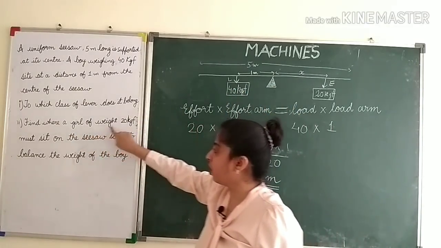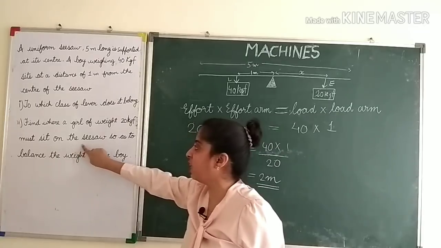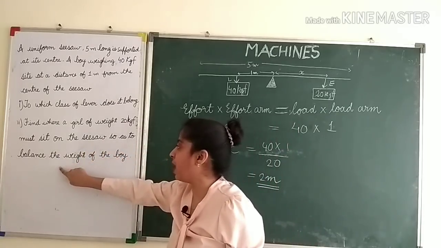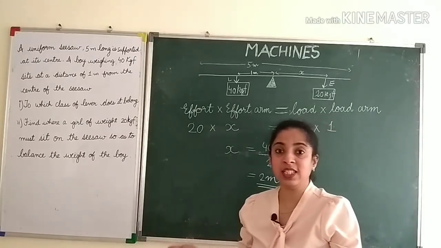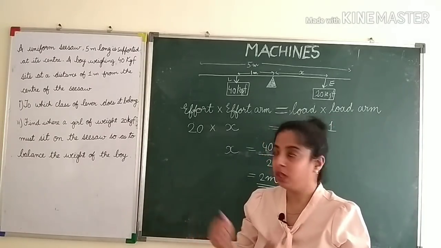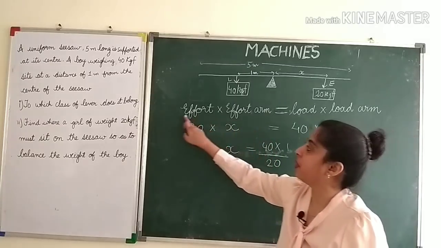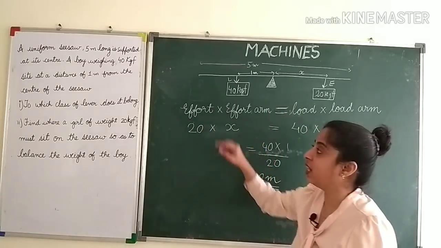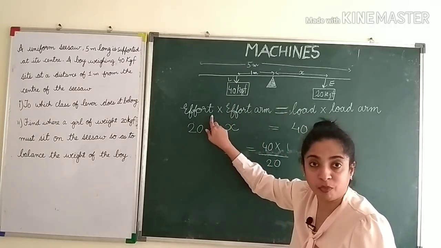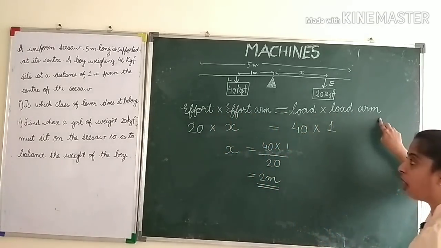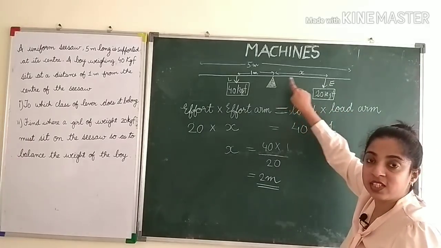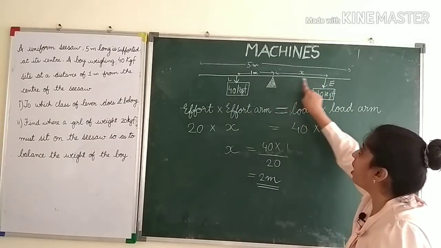Find where the girl of weight 20 kgf must sit on the seesaw so as to balance the weight of the boy. To balance the weight of the boy means it has to be in equilibrium. So we will follow the principle of moments. By applying the principle of moments, effort into effort arm is equal to load into load arm. We don't know the distance where the girl is sitting, so we will write x.